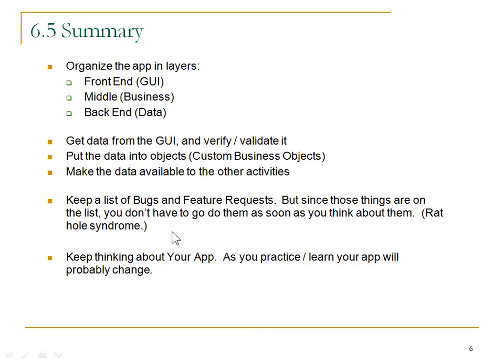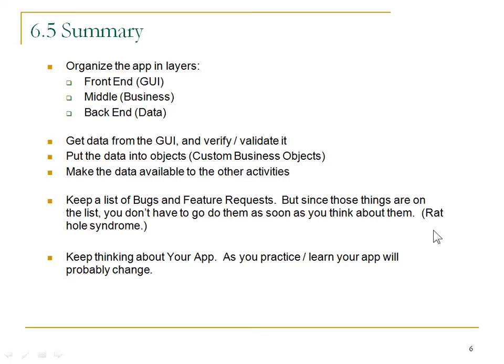So I'm trying to encourage you, as you're working on your application, to keep a list of the bugs that you know about and the feature requests. And you don't have to work on them as soon as you think about them, because if you do, then that leads to something else, and that leads to something else, and that leads to something else, and you go down the rat hole.